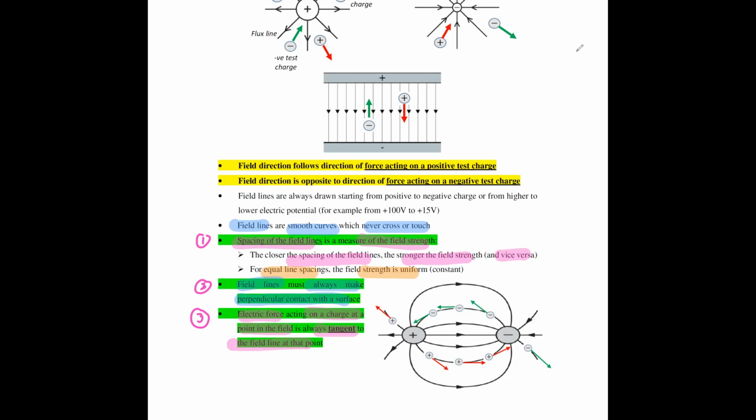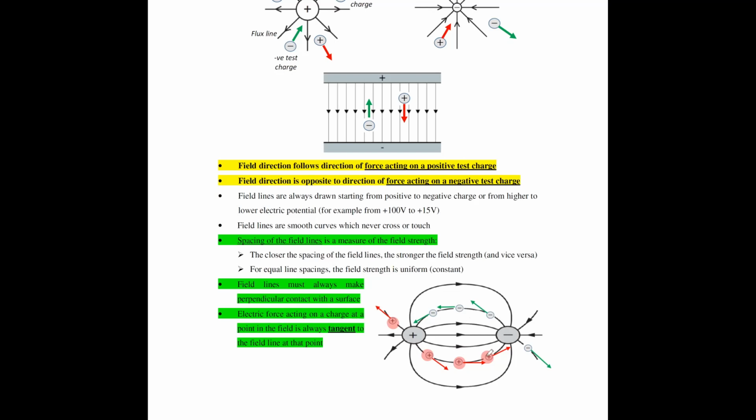So let's look at the example for a dipole system here. If I ask you to predict the direction of force acting on some positive test charges placed here, here, and here, how do you know the direction of the force acting on them?